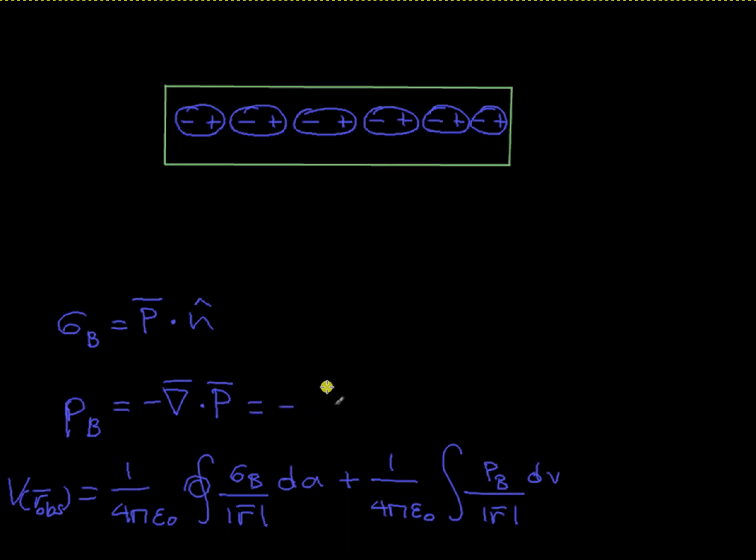I'm going to keep the minus sign, and what the divergence will give me is minus the partial derivative of Px with respect to x, plus the partial derivative of Py with respect to y, plus the partial derivative of Pz with respect to z.